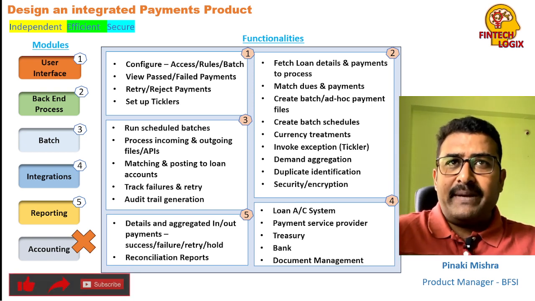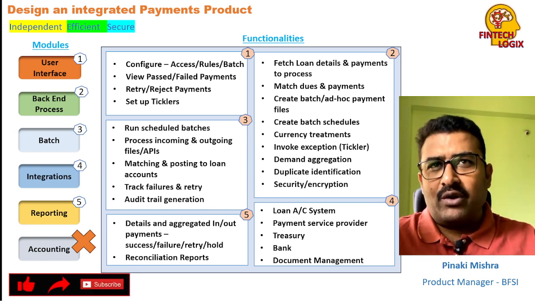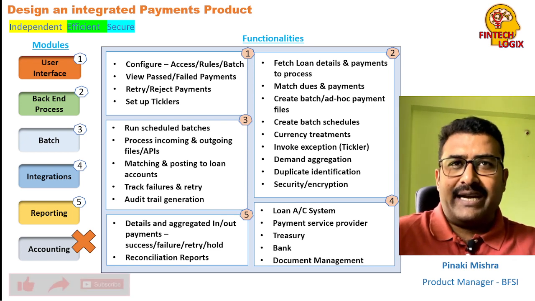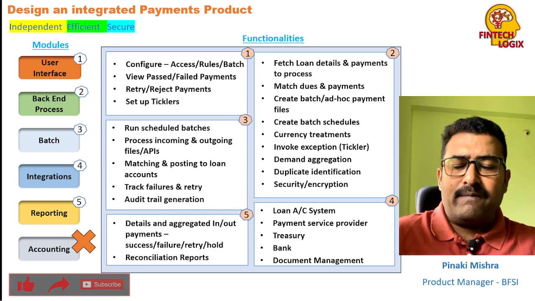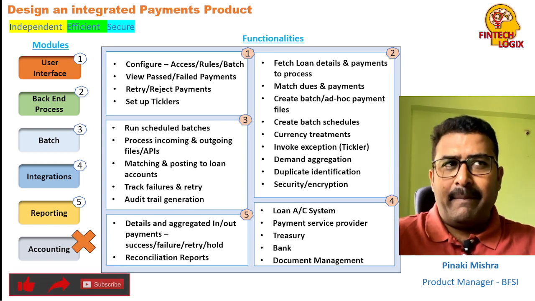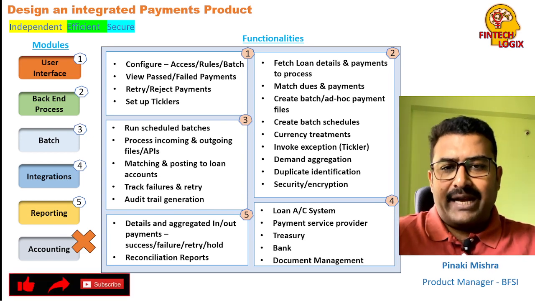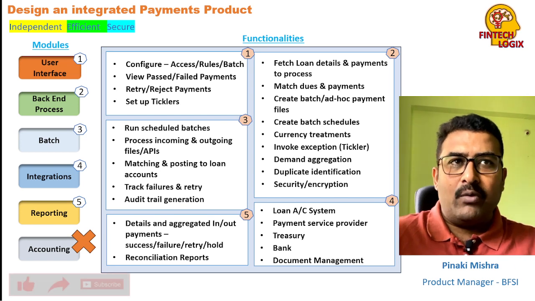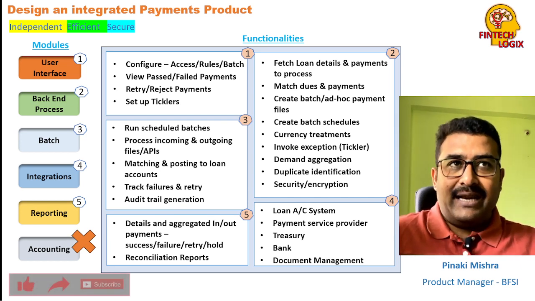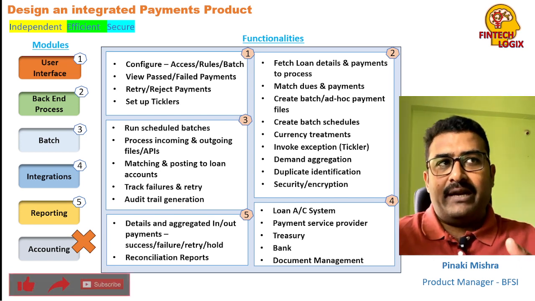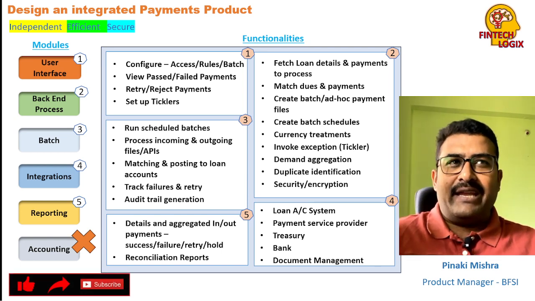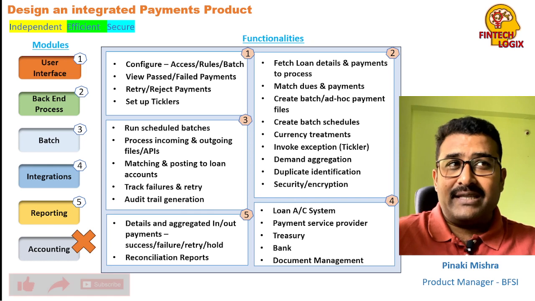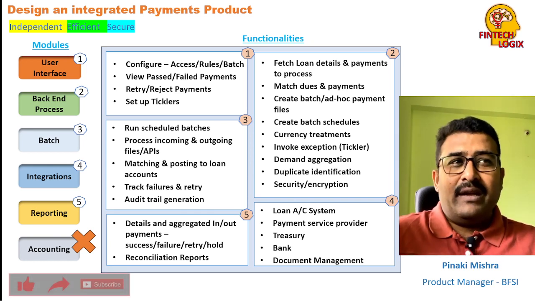Now the biggest piece here is the second one, which is the backend processes attached to that. The backend processes take care of your end-to-end payment processing from the time you have a due to the time it gets cleared. So you would see it also needs functionalities like fetching your loan details for payment processing, and matching dues.